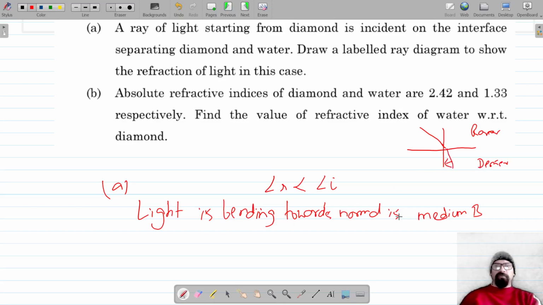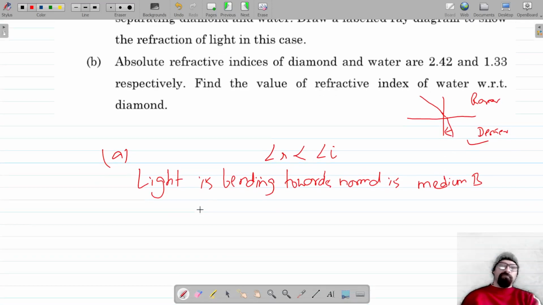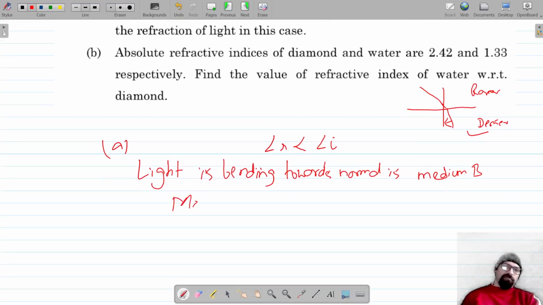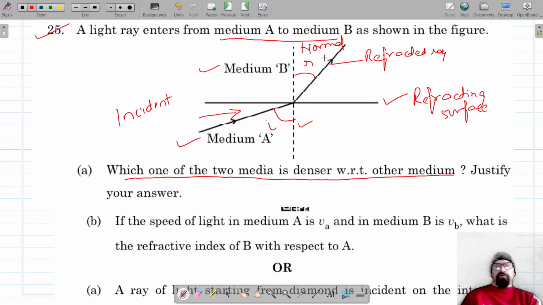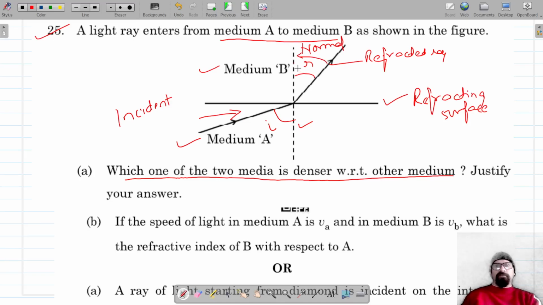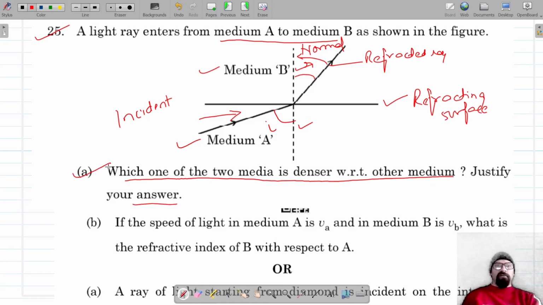So here the light is bending towards the normal in medium B, which means medium B is denser. We will say medium B is optically denser, because angle of refraction is smaller than angle of incidence. So we have justified our answer as well.